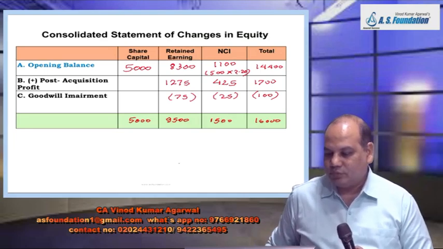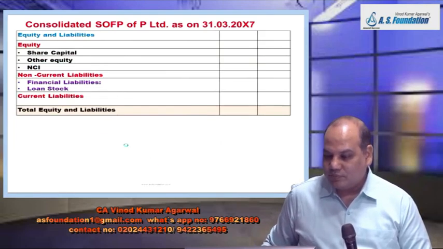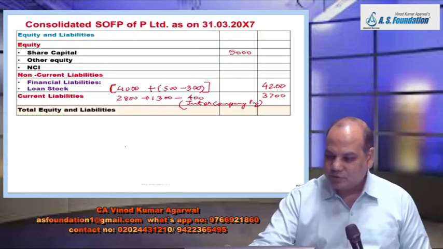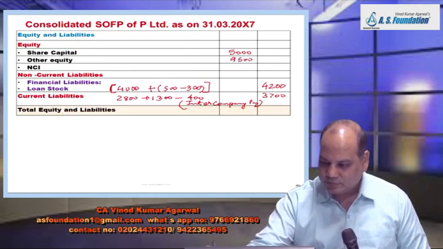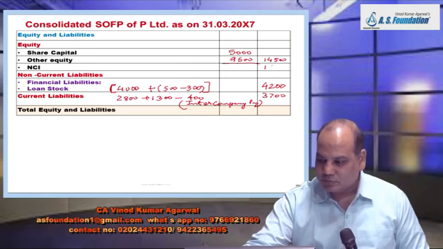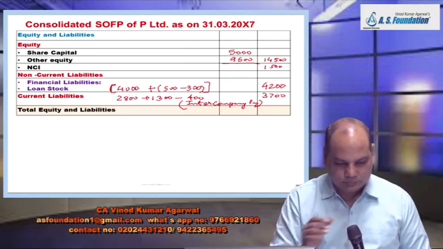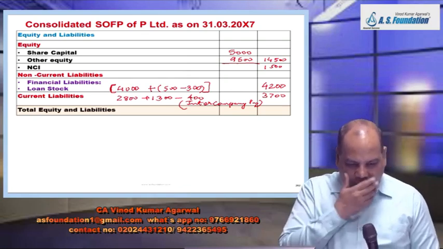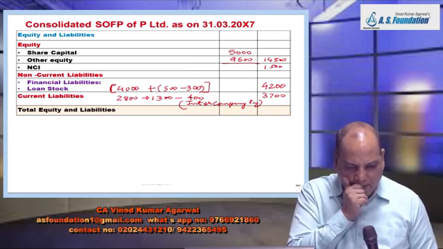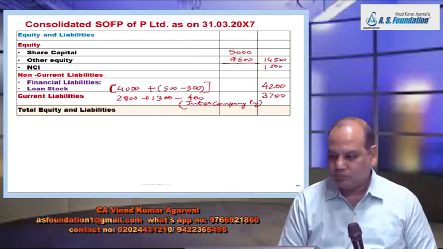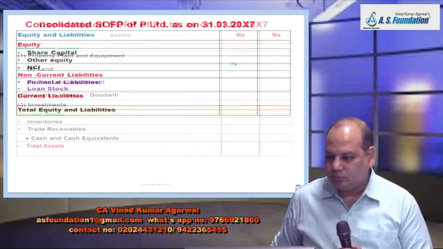So share capital 5,000. I think we have written retained earning 9,500, right? NCI is how much? 1,500. Done.